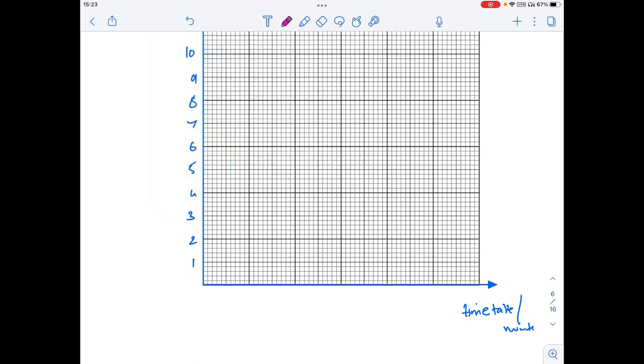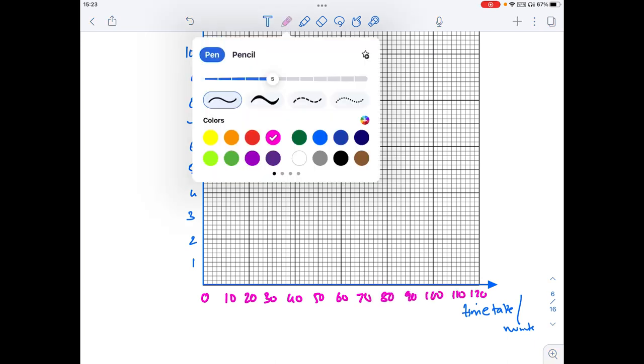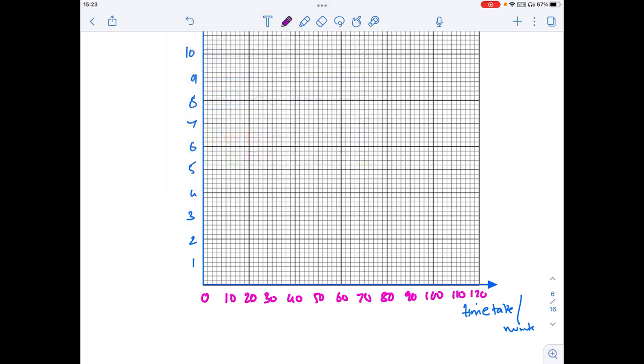And before that 0, 10, 20, 30, 40, 50, 60, 70, 80, 90, 100, 110, 120. Now 0 to 20 it is 1.6.